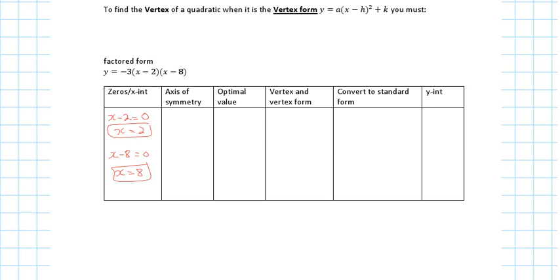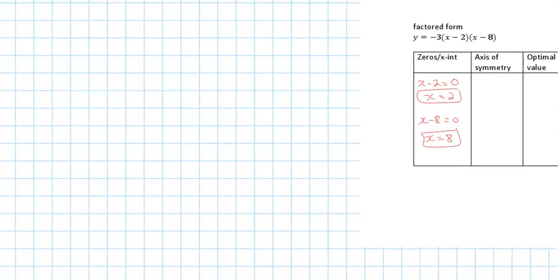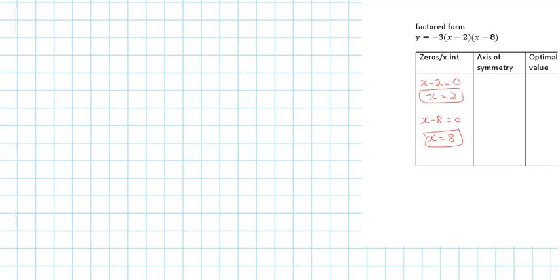All right. So, look here. My two zeros are at 2 and 8.